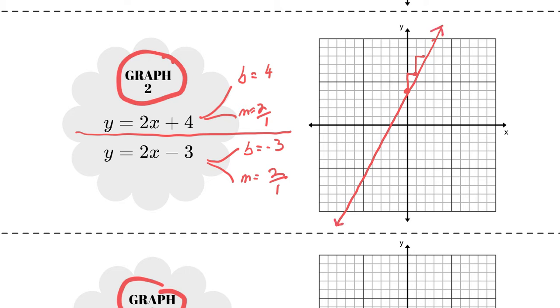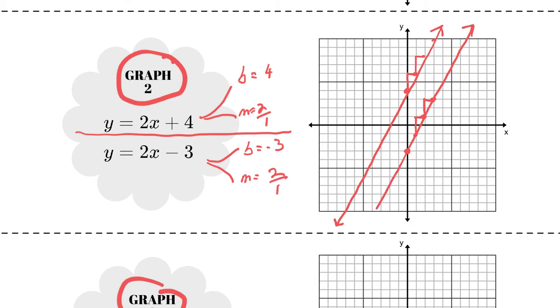The second equation starts at negative 3. That's your y-intercept. And slope is up 2 over 1. I said it backwards, but I did it correctly. Up 2 over 1. And draw your line all the way through, again following the same pattern.